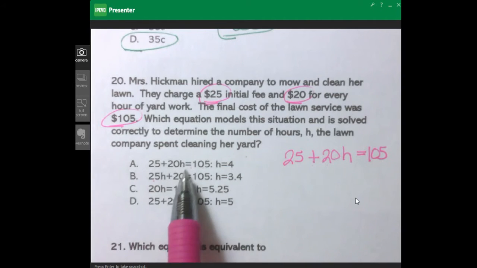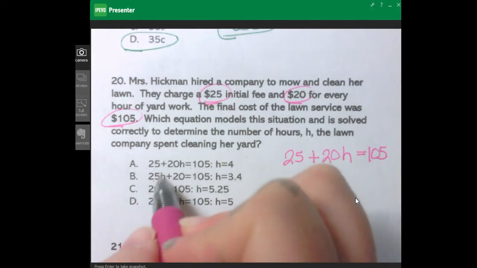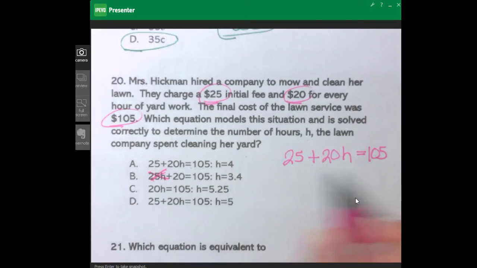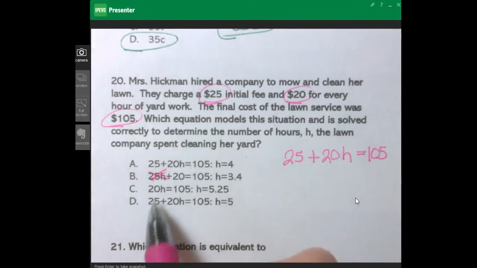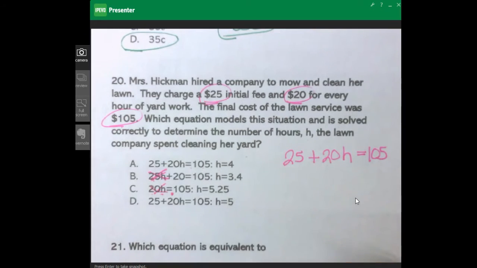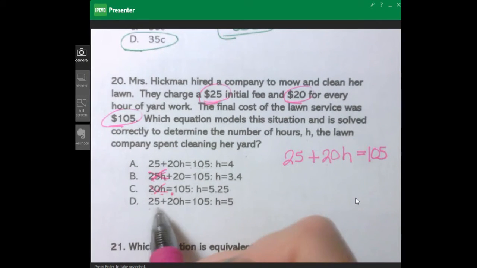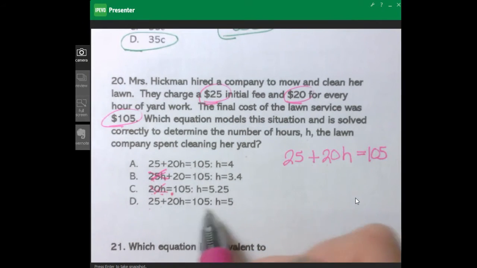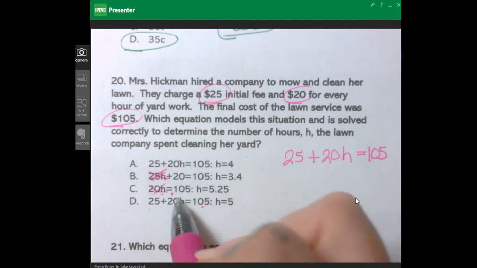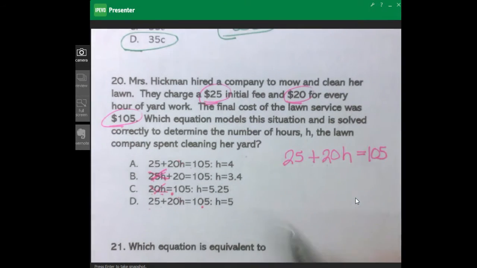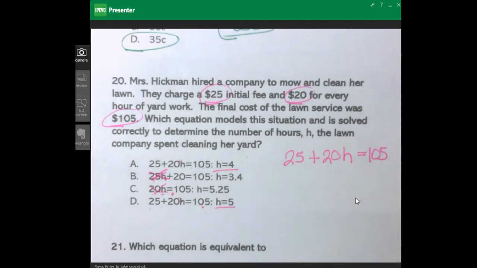Oh, wait, no, I'm sorry, that's not, because the H is with the 20 hours, or the $20. So 25H plus 20 does not equal 105. Now we have 25 plus 20H is equal to 105. So these two number sentences are correct, but we need to find out which answer is correct.